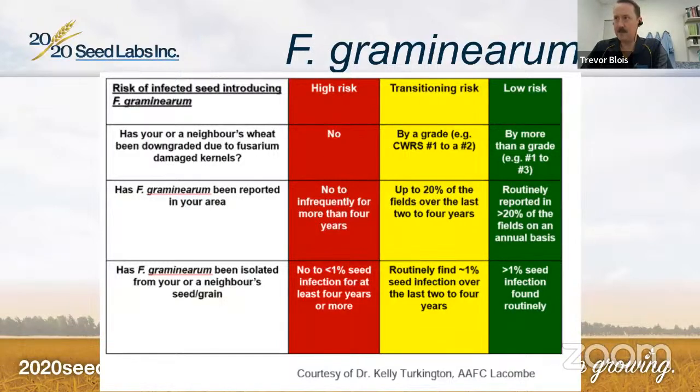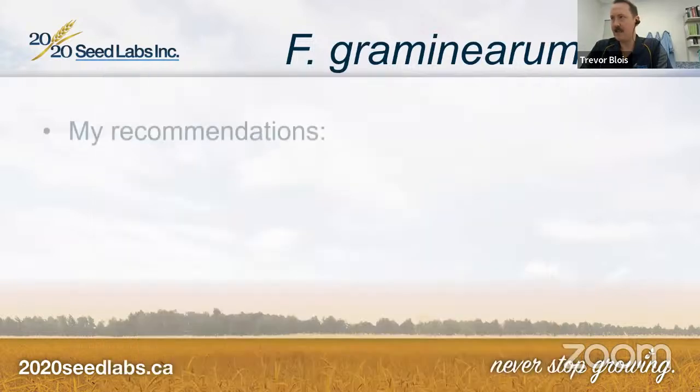It does use a risk model for recommendations. Again, it has to do with whether or not you've seen Fusarium graminearum historically, and whether or not you've seen downgrading. So that can help with making a decision.